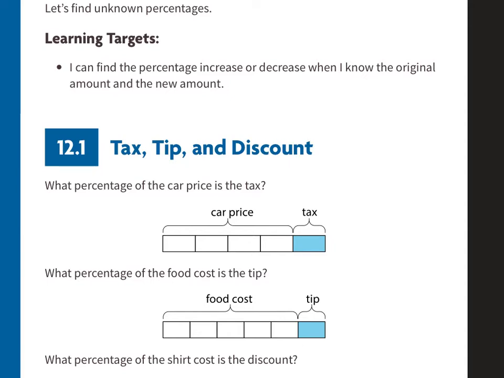It's broken up into 5 sections, and one of the sections is blue. To find percentage, we take the partial amount, the blue amount, 1, divided by the total amount, 5. In our calculators, 1 divided by 5 is 0.2. Then if we move the decimal over twice, or times it by 100, we get 20%.